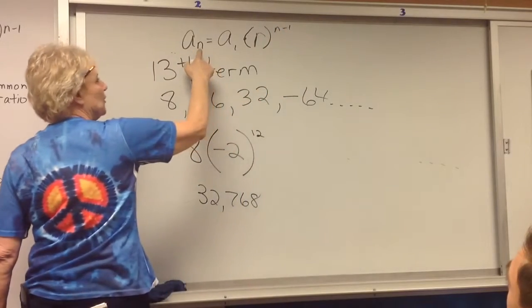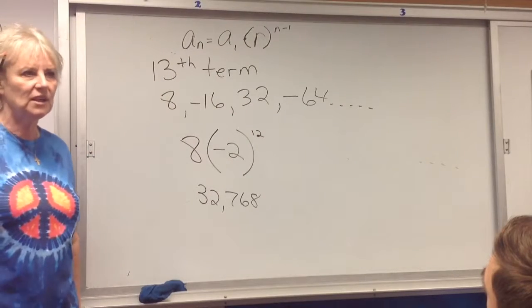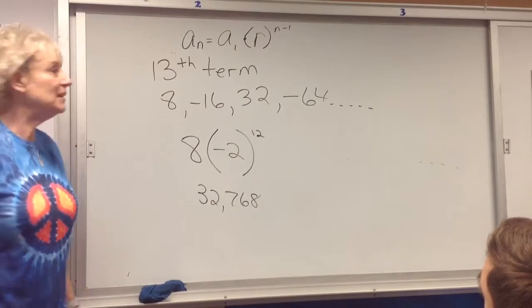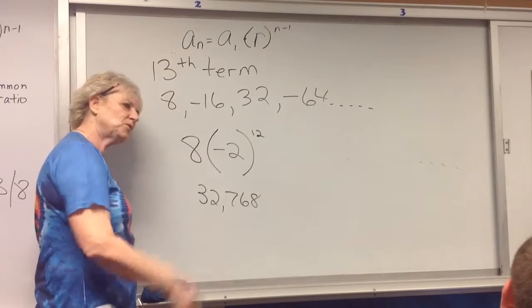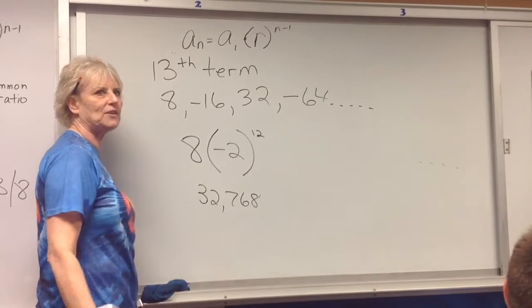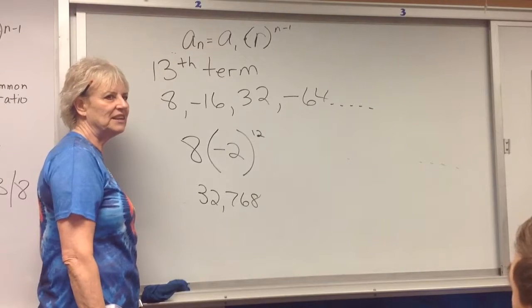So if you're looking for the 13th term, it's 13 minus 1. I suggest you put 12. If you put 13 minus 1, you have to use parentheses. Otherwise, it's going to multiply by 13 and then subtract 1 from the answer. It doesn't know what you're doing.